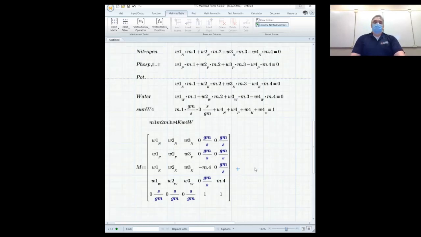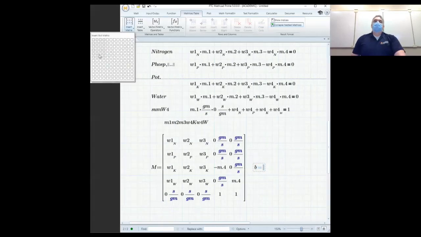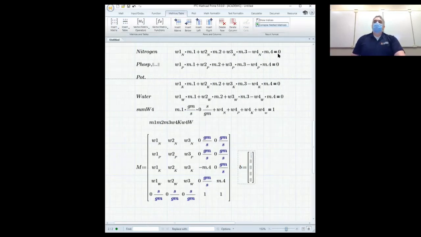Then we need our B vector, which is going to be a 5 by 1, with what's on the right side of the equation over here in this matrix. So here, this first equation, there's unknowns of M1, M2, M3, but this term here, you'll notice that these are all known. We know what the weight fraction of nitrogen is in flow 4, and we know the flow rate in flow 4.